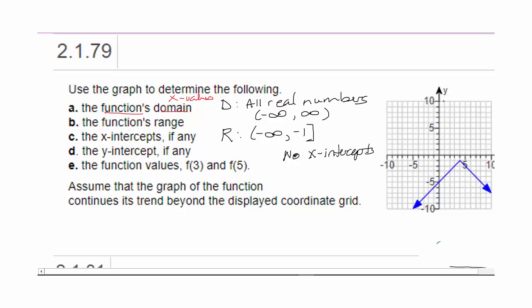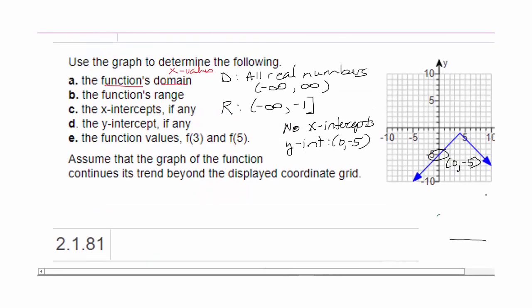So y-intercept is any point where the graph hits the y-axis. We see that happens here at 0, -5. So the y-intercept, part D, is going to be 0, -5. Or in my math lab, they might just ask you for the number -5. I'm not sure. But technically, it's a pair of coordinates with the x-coordinate being 0.